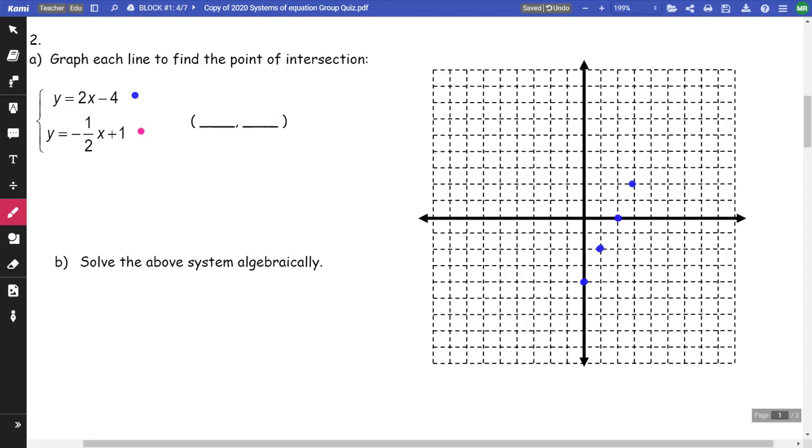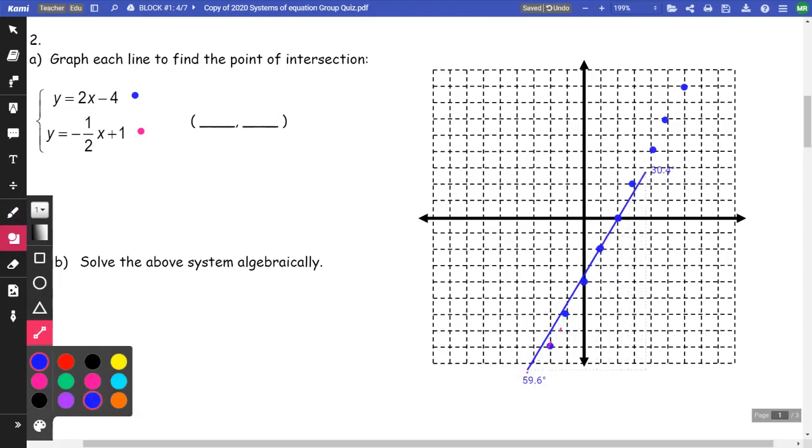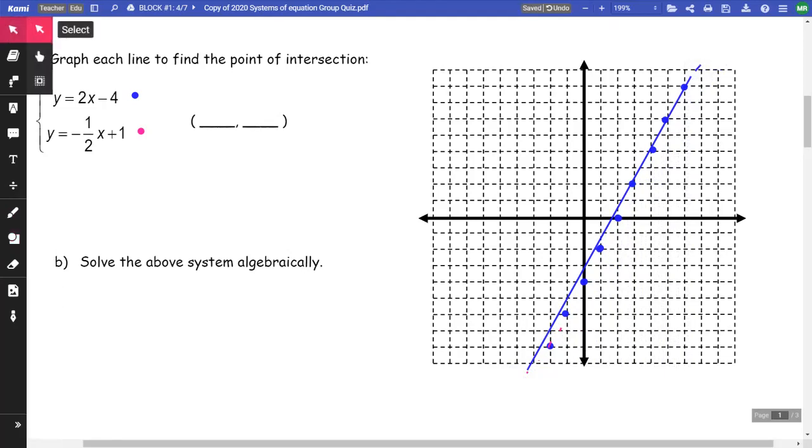And I want to be accurate with this. And I'm going to go backwards, down to left 1, down to left 1. And I'm going to draw a line. Okay, so here's one line.